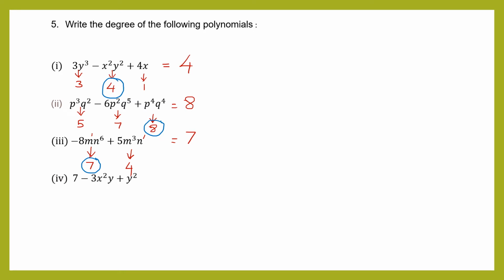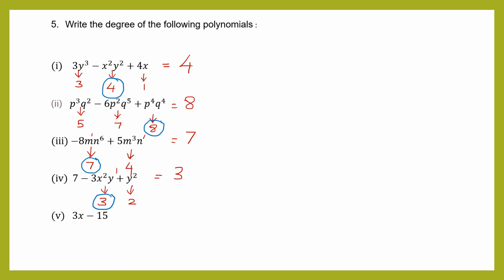Next one. Here I have 2 plus 1, which is 3. And here I have 2. The highest power is 3. So the degree of this polynomial is 3. Look out for the highest power.